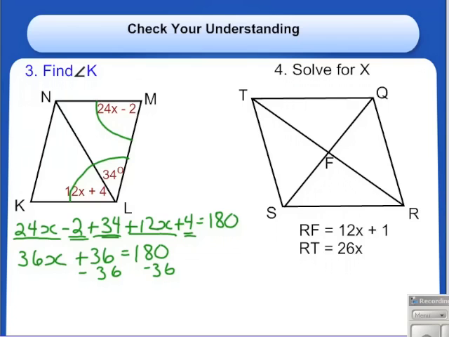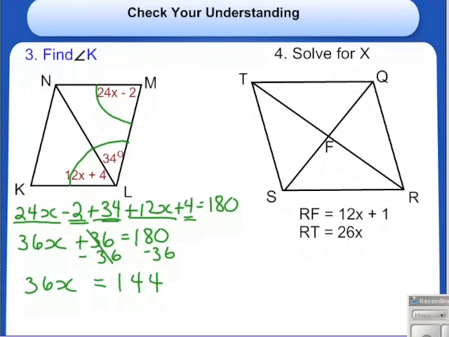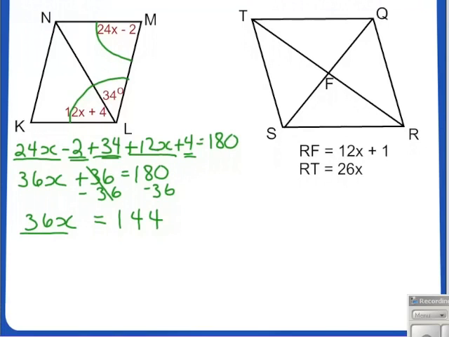Let's bring the 36x down. 36 minus 36 cancels out. 180 minus 36 gives us 144. Now divide both sides by 36. And x is equal to, can you guess? 36 goes into 144 4 times.